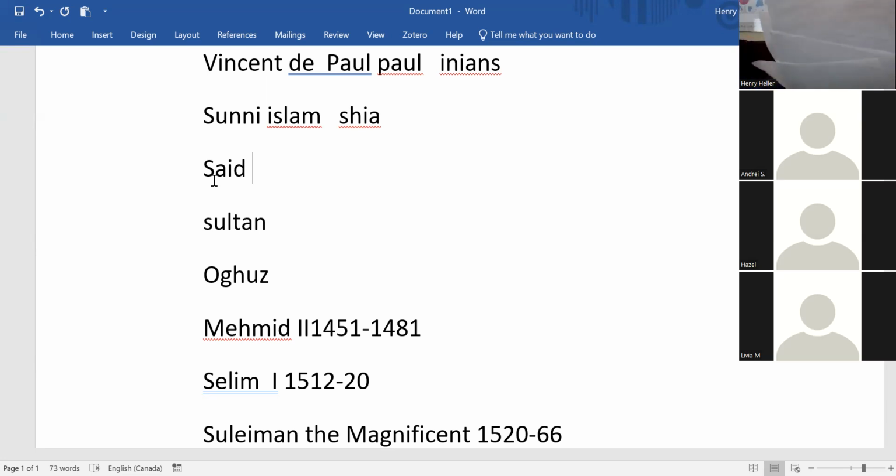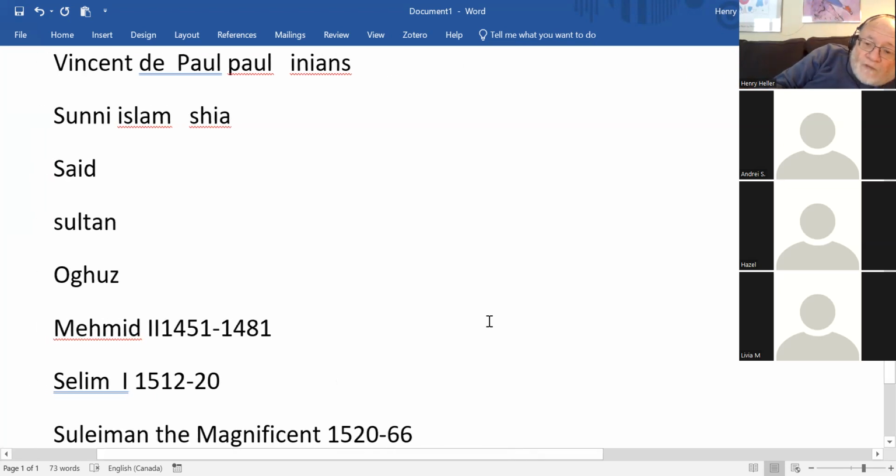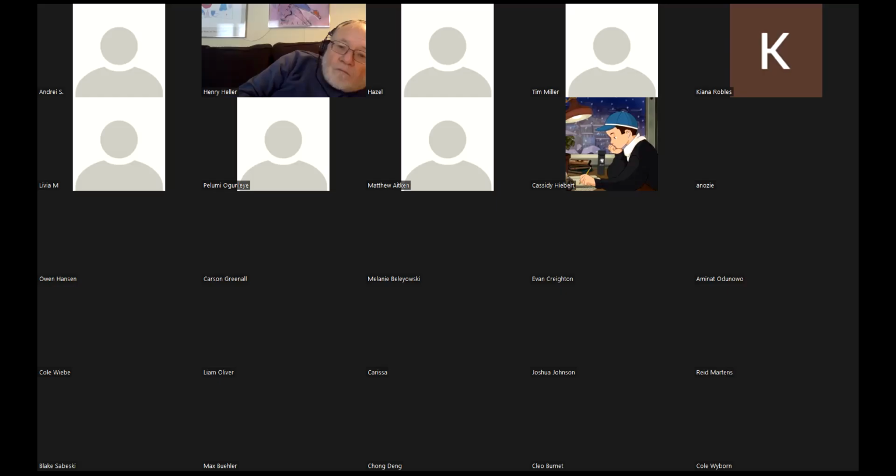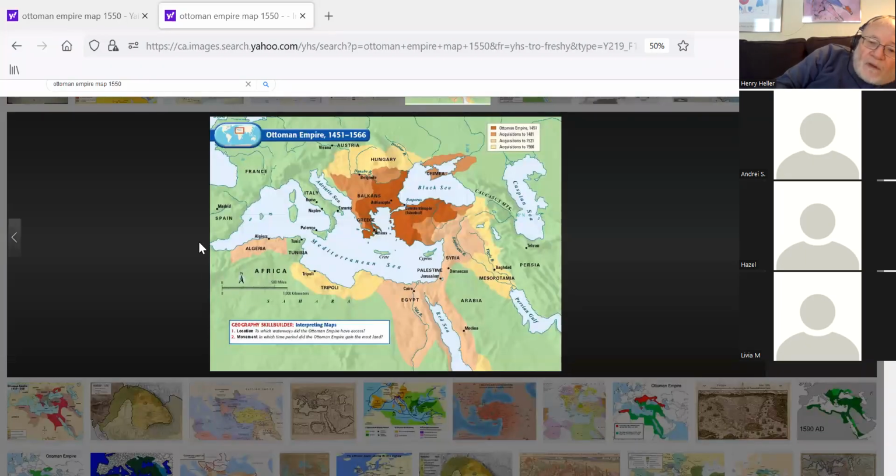So I want now to say, just before I get into the actual history of the Ottomans, that I've shown the Ottoman Empire on our map, but we should remember that the Islamic world was larger than that.